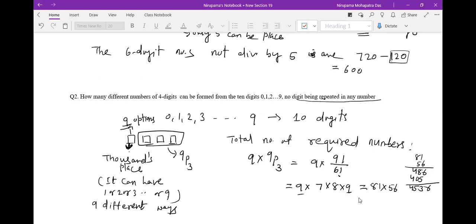So this is equal to 4536. So these many 4-digit numbers we can have, using these 10 digits, and repetition is not allowed. Okay, so let's go to the next question. So these two are basically basic questions.